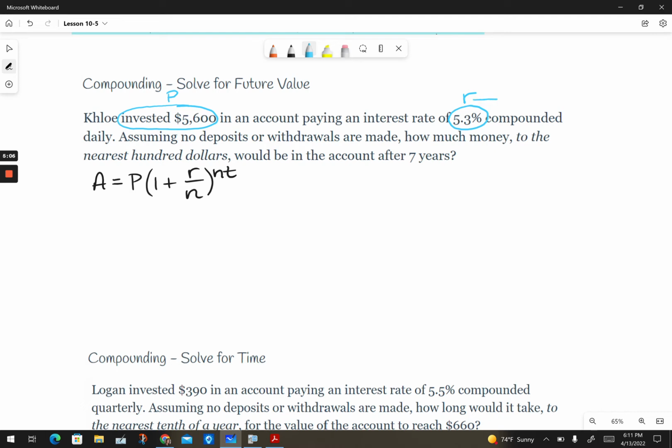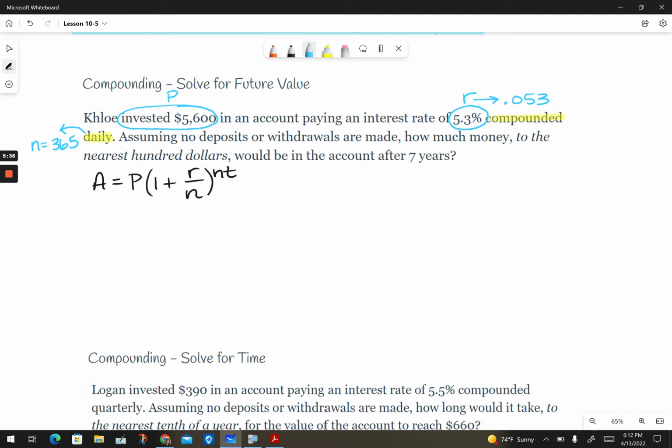In this case, 0.053 is the value we're going to use. Compounded daily: here is where you need to look out for the word compounding, because it helps you determine your N value. In this case, N is going to be 365, since it's compounded daily. There are 365 days in a year.